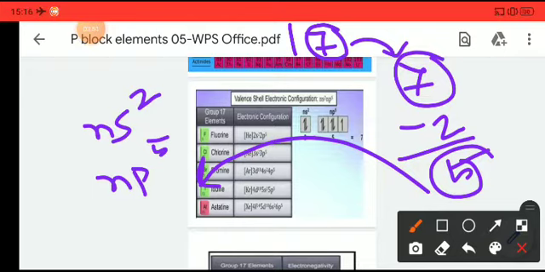Only 2 electrons can be occupied by the ns orbital, that is ns2, and the remaining number of electrons is 7 minus 2, that is 5, and these 5 electrons will be occupied by np. So the electron configuration will be ns2 np5.